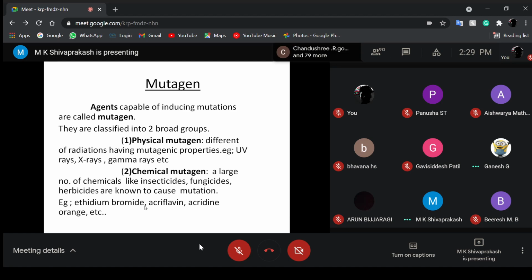Radiation is used there also, of course, in cancer treatments. On one side, you have to get rid of the cancer cells.